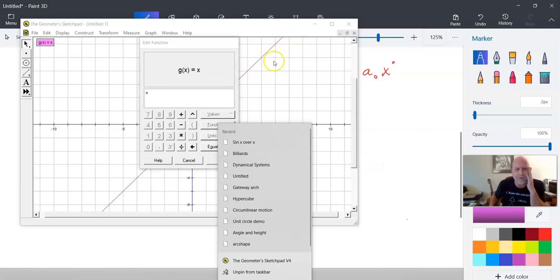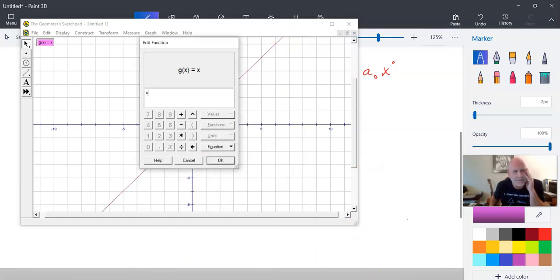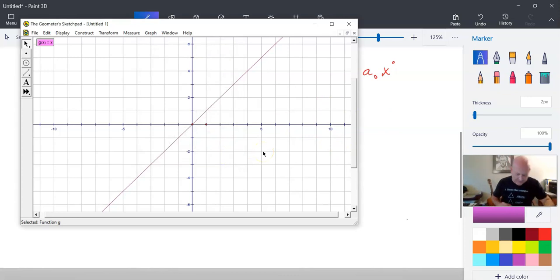Okay, in any case, this is the graph of g of x equals x. So I want to point some things out about this.